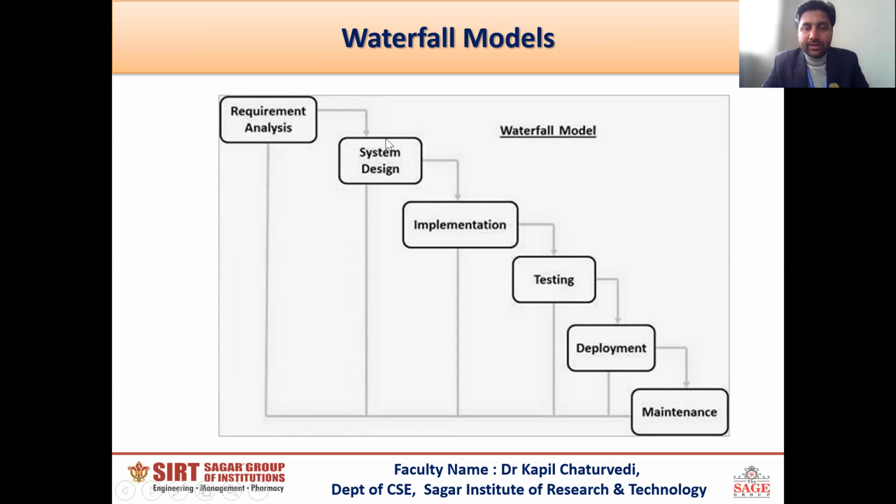Then we come to the design phase. Once the design phase is complete, we come to the implementation phase, then the testing phase, then the deployment phase, and then the maintenance phase. So that model says we have to follow that process, but we have to keep in mind that we must completely finish one phase before going on to the next step.